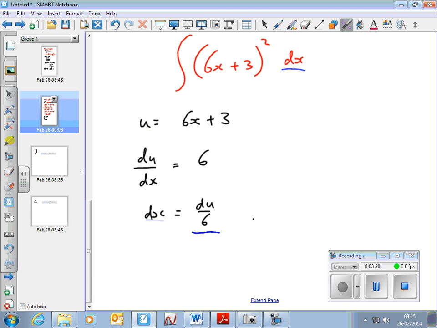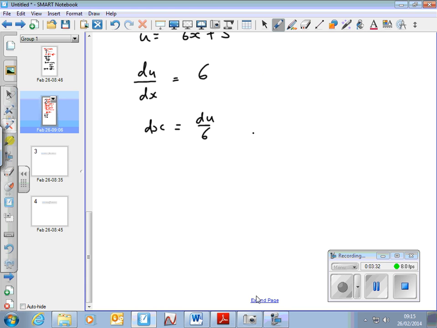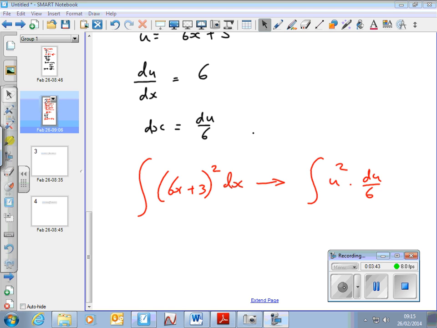So what do you get? The original integral, (6x + 3) to the power 2 with respect to x, is replaced by what? Replaced by the integral of u squared times du over 6.